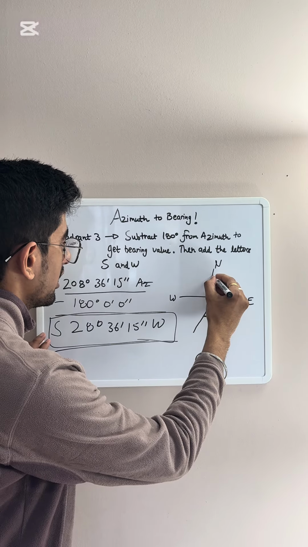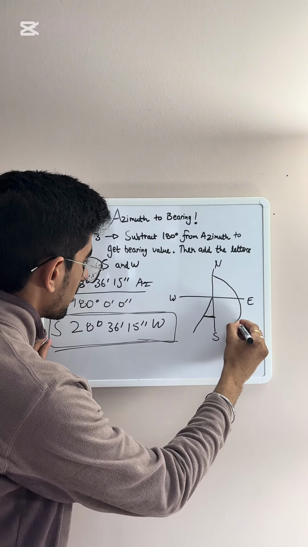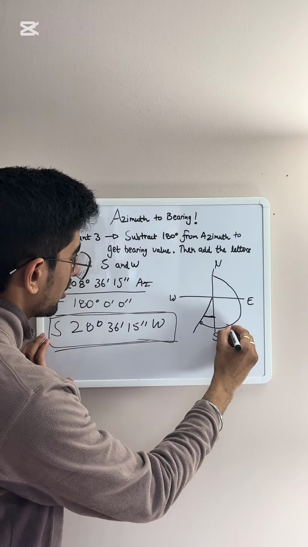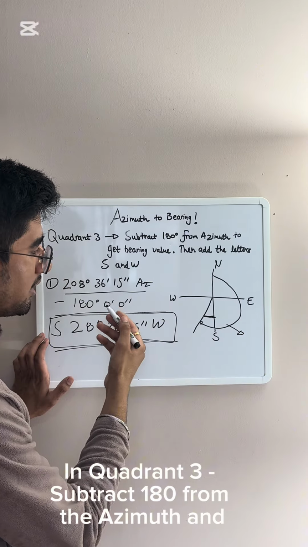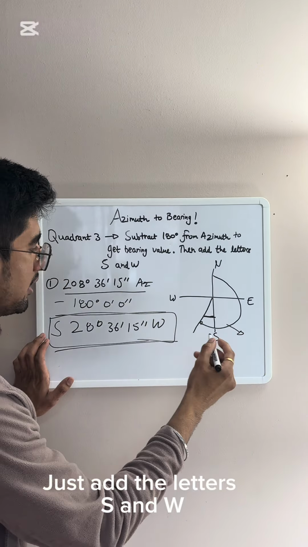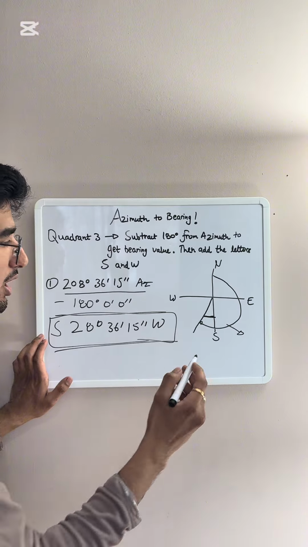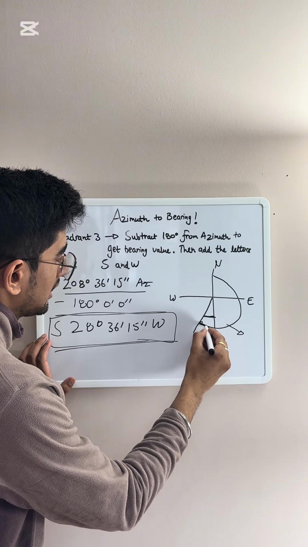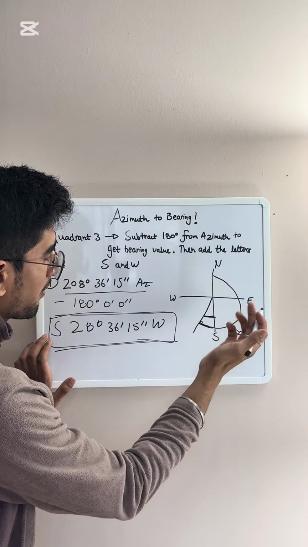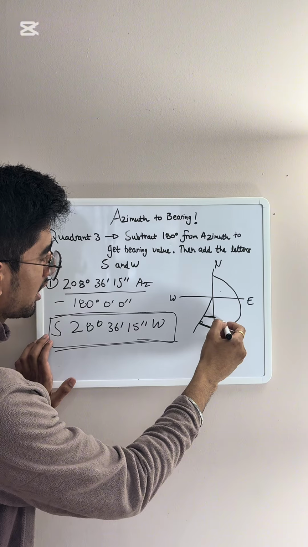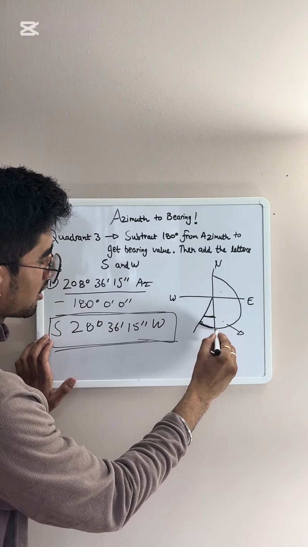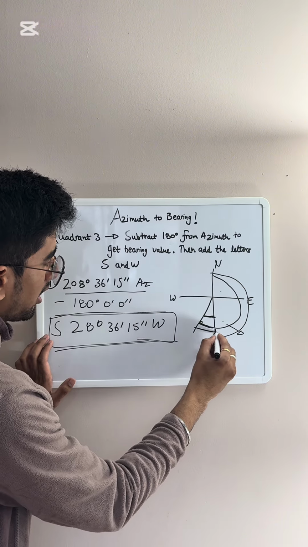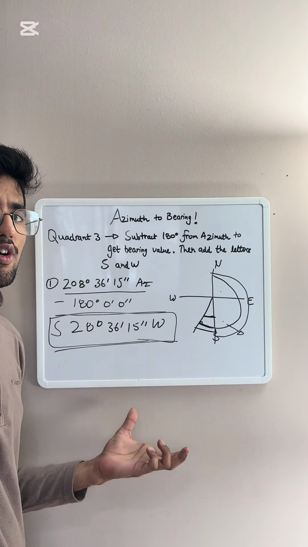In the question, the azimuth given is this whole angle, 208 degrees 36 minutes 15 seconds. As we know, we reference from south or north, so we just need this angle. By maths, this is 90, this is 90, 180, so if we subtract this part, we get this bearing angle. And that's how you do it for the third quadrant.